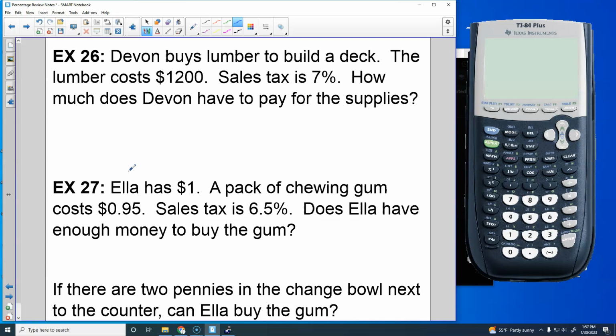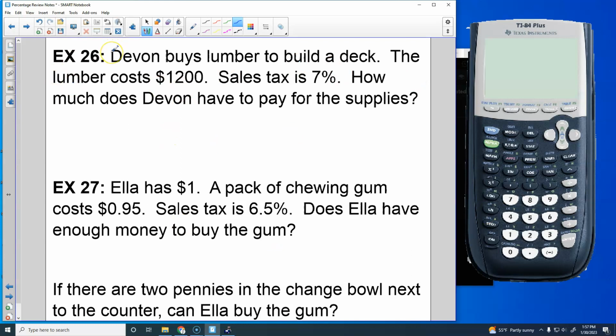But sales tax is a lot less complicated than income tax. Income tax can get really complicated. You have to make piecewise functions and all kinds of stuff. Sales tax is just, if you buy something that costs this amount of money, they add that percent of whatever your cost is to it. So it's pretty straightforward how to figure it.